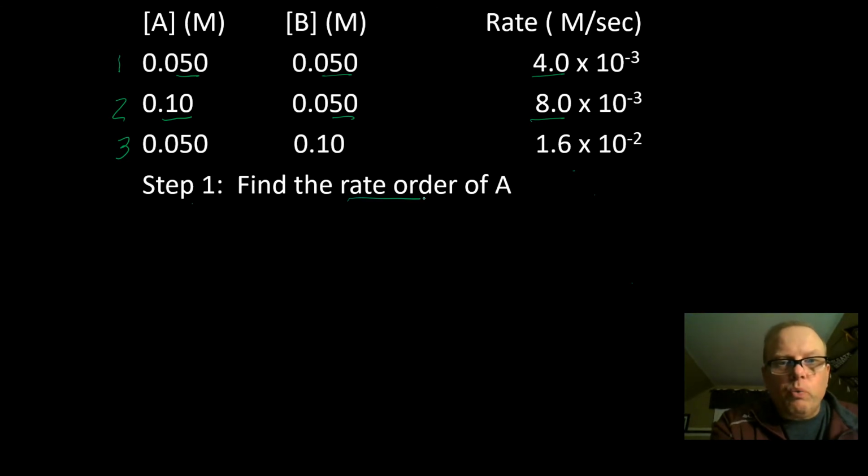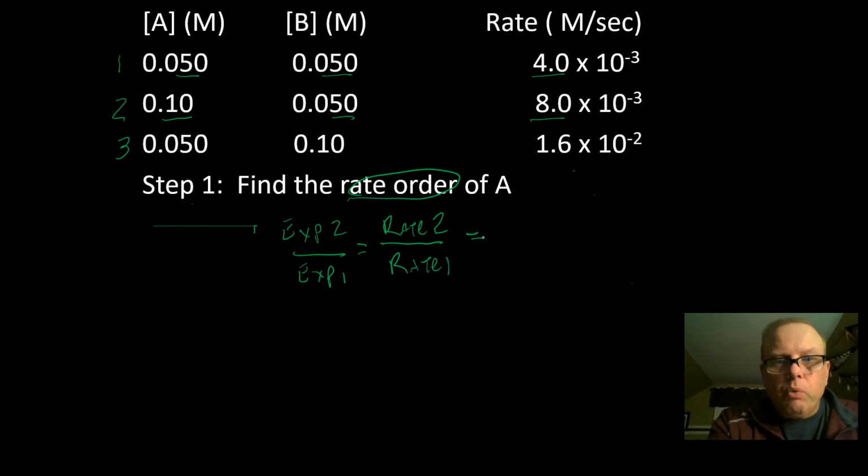In order to find the rate order of A, what I'm going to do is compare two reactions, in this case experiment 2 and experiment 1, where A changes and B stays constant. So we're going to put experiment 2 and divide it by experiment 1. This will equal the rate of 2 on the top and the rate of 1 on the bottom, and that will equal K over K, because each one would have K in its rate law.